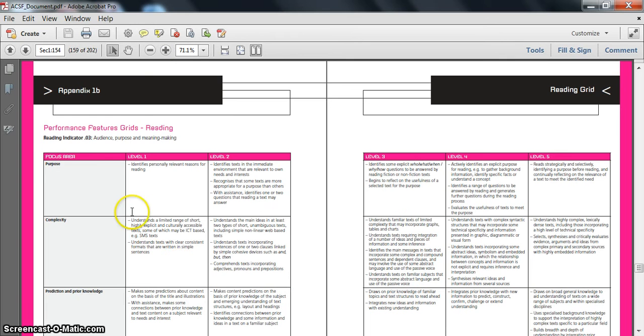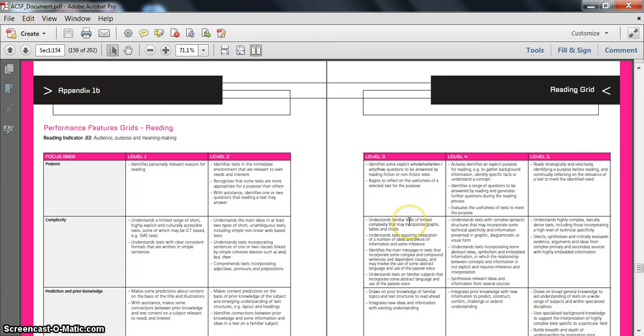So when we have the reading, audience purpose and meaning making indicator, we have the focus area of complexity. So at level 1, they can understand a limited range of short, highly explicit, accessible texts. Level 2, they can understand the main ideas in at least 2 types of short, unambiguous texts.